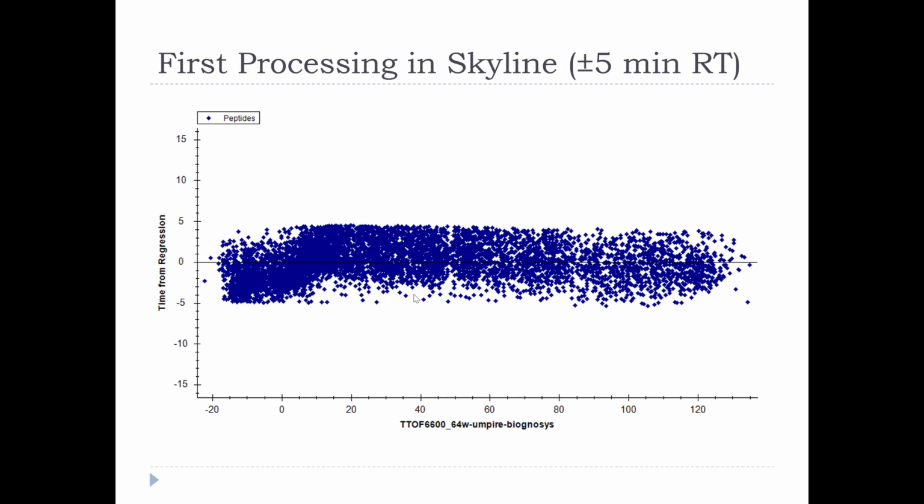So this is how far we find a peptide from where we expect to find it, right? And this is with ±5. This is a 10-minute window, ±5. So does anybody see anything that makes you go, huh?